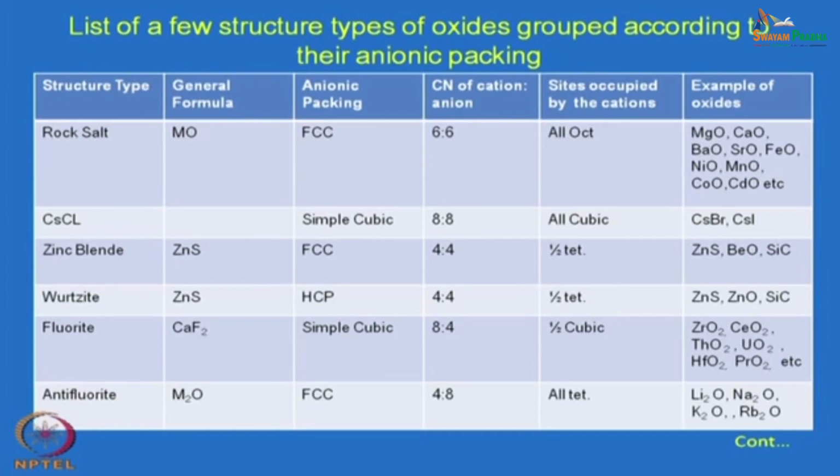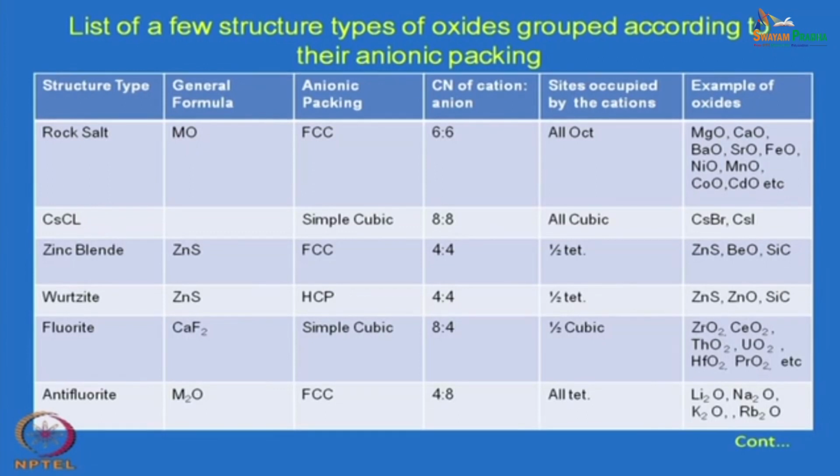Some of these structures we have already discussed. Rock salt structure, we have discussed its basic features. What we are presenting here is a consolidated picture of all the different oxides we come across and their structural features. The simplest structure type is actually rock salt, and its general formula is MO, a bivalent metal with oxygen.